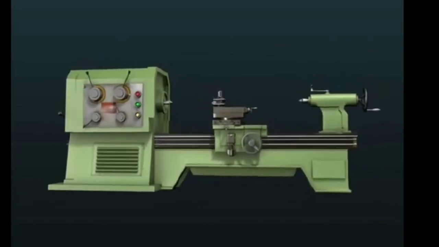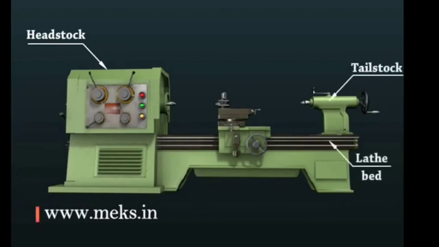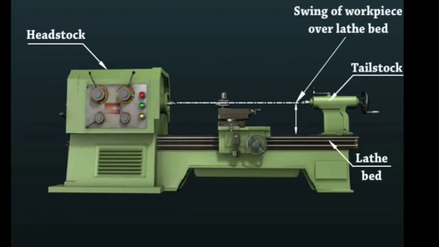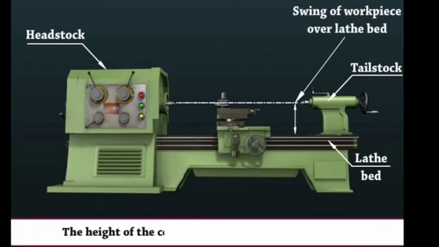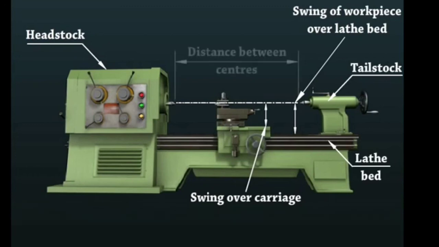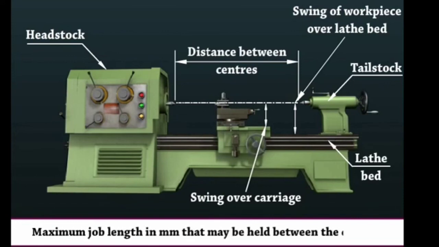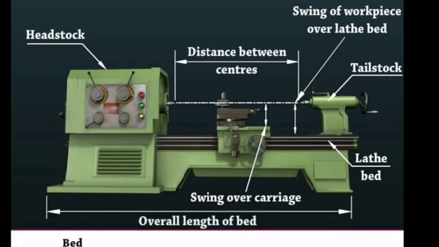Specification of lathe is described in the following ways: headstock, tailstock, lathe bed, swing of workpiece over lathe bed, the height of the centers measured over the lathe bed, swing over the carriage, swing or diameter over carriage, distance between centers, maximum job length in millimeter that may be held between the centers, overall length of bed, bed length in meters which includes headstock length.